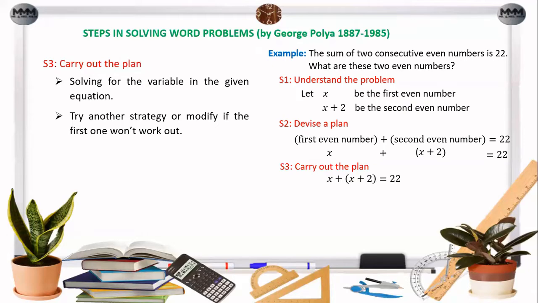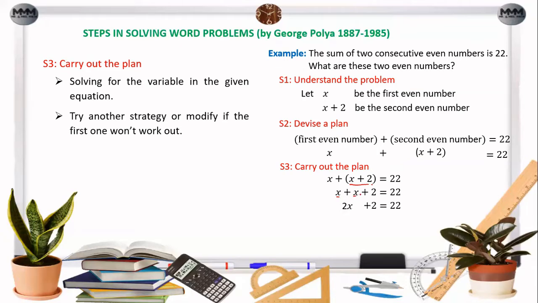We will solve the given equation from step number 2: x + (x + 2) = 22. We can remove the parentheses because the grouping, this x plus 2, is preceded by a positive sign, so we can remove the parentheses without changing the sign inside. So we add x plus x, which is equal to 2x.